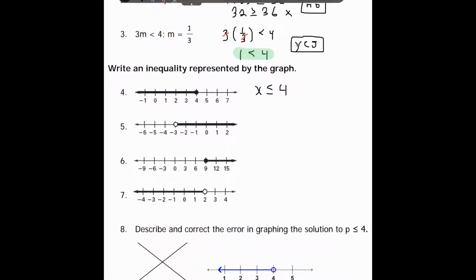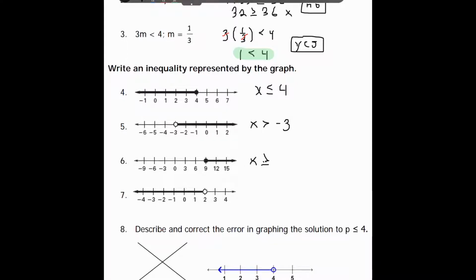Number 5. We have an open circle at -3, and the arrow is pointing to the right. x is greater than -3. Number 6. We have a filled-in circle at 9, and the arrow is pointing to the right. x is greater than or equal to.